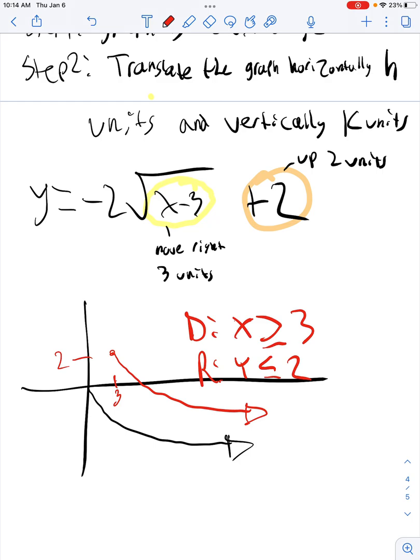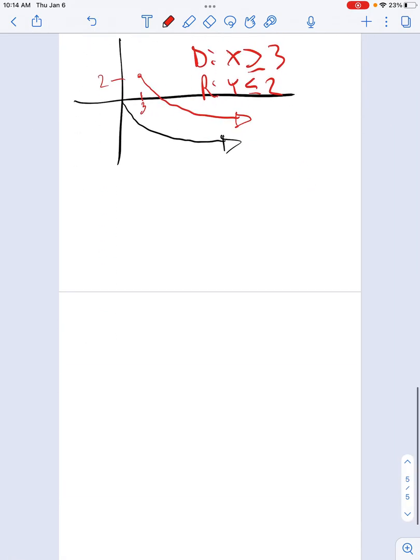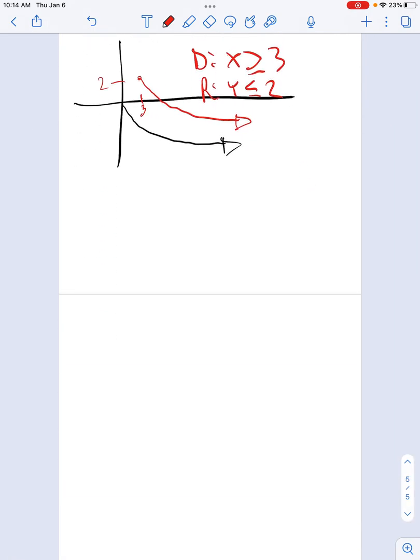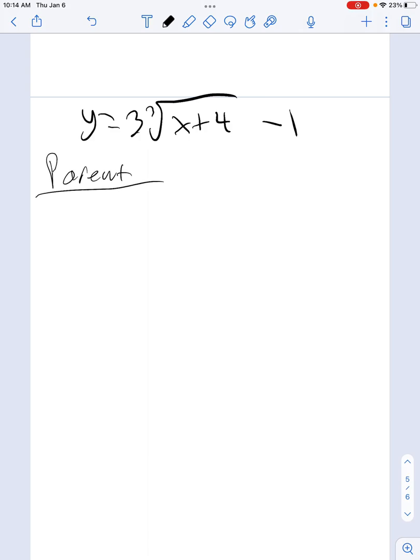It's basically the same process for a cubed root function. So I'll just do one more of those. Let's take the equation y equals 3 cubed root of x plus 4, subtract 1, and then state the domain and range. Initially, like my parent function, I'm just graphing y equals 3 cubed root of x.